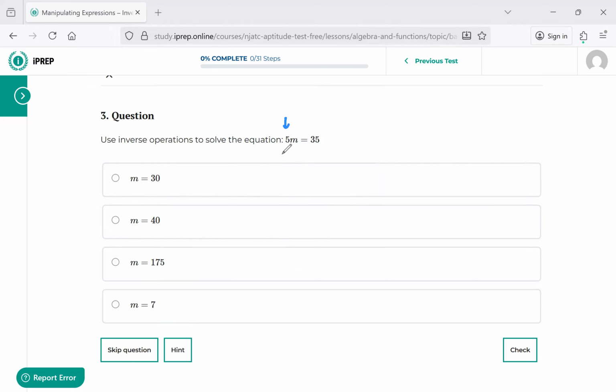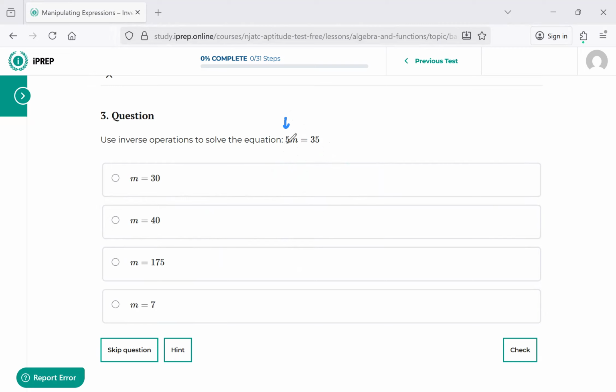But what happens if you subtract 5m from both sides? The 5m and the negative 5m cancel, or zero out. It doesn't become a 1, it becomes 0, and we have no more m's. We need that m, because they want you to solve for m. So that's why we can't subtract 5m.